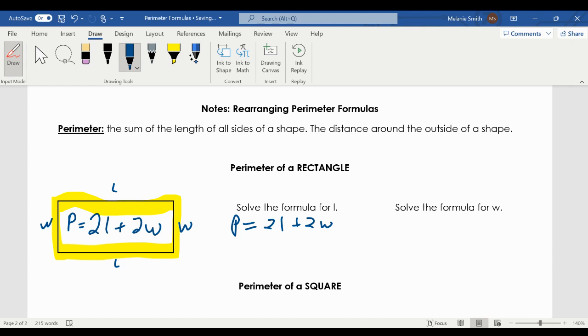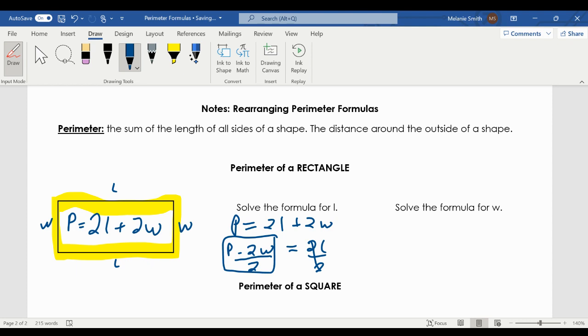So I'm going to subtract a 2W from both sides. And then I want to divide out the 2. So I'm going to divide both sides by 2. And those go away. And I've kind of run out of room. So (P minus 2W) over 2 is going to be the perimeter formula solved for L.